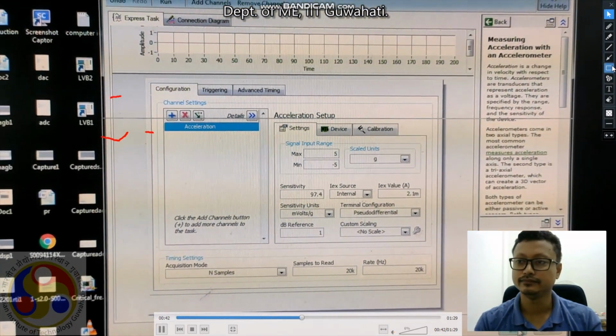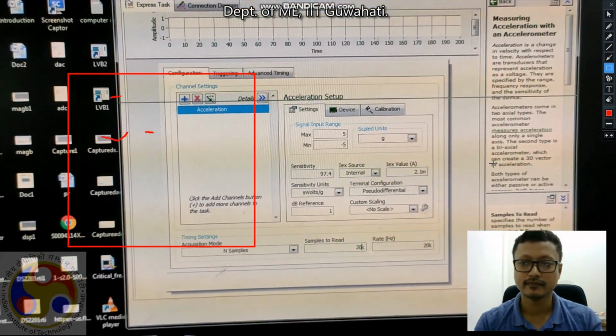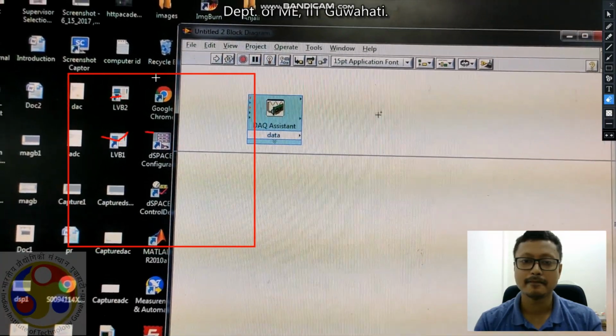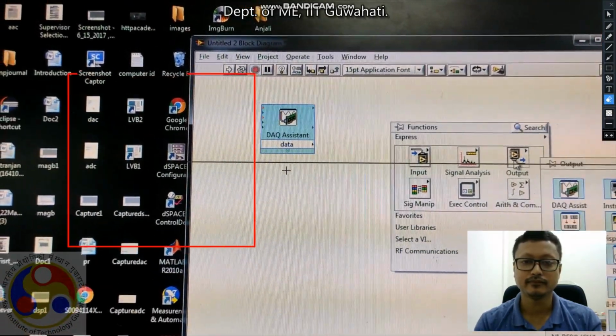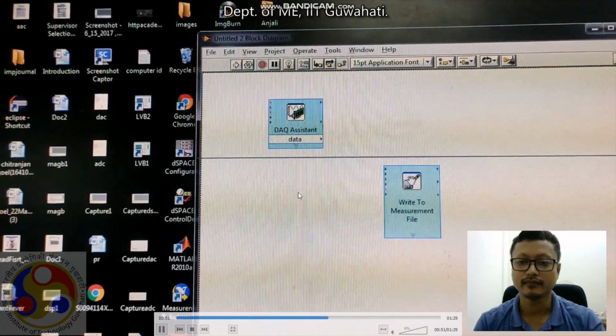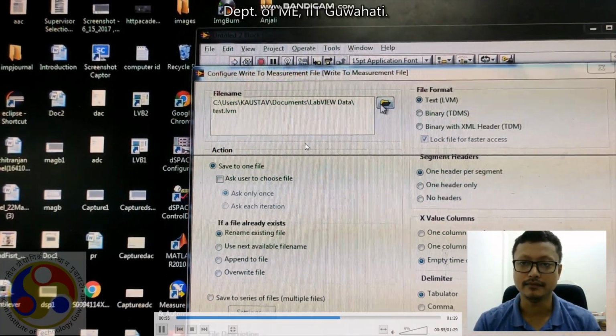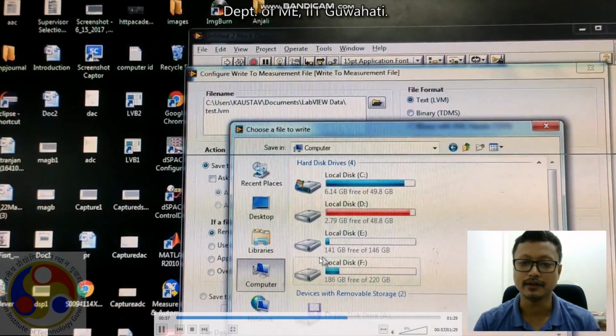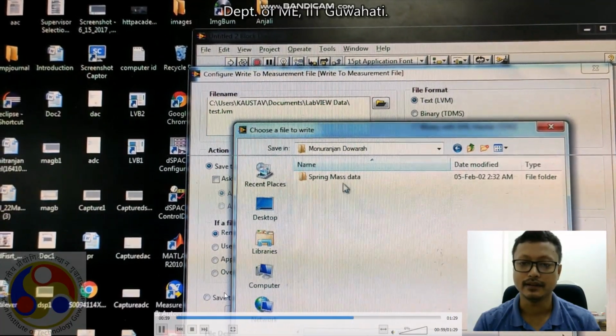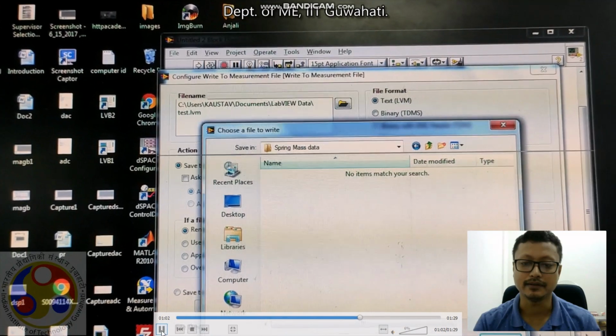So here, then this measurement file you can put in the block diagram, and you can save it by giving a particular name.